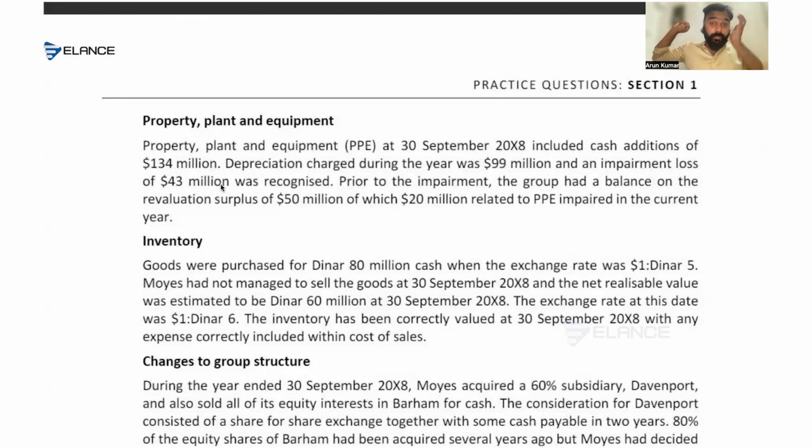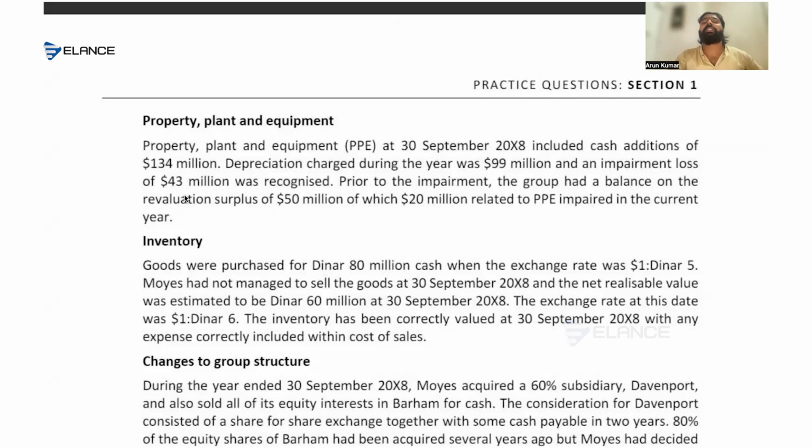So how will you account for it? Impairment loss. Do we need to add it back completely? Just read the whole scenario. The impairment of 43 million has been recognized. Prior to the impairment, the group had a balance of revaluation surplus, of which 20 million relates to PPE impaired in the current year. So how much would have been reflected in the P&L as impairment?